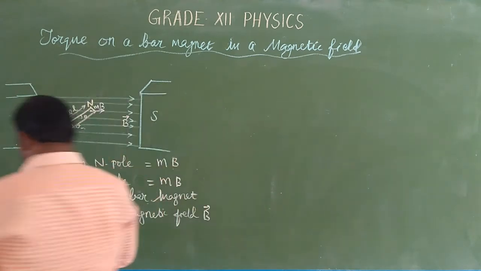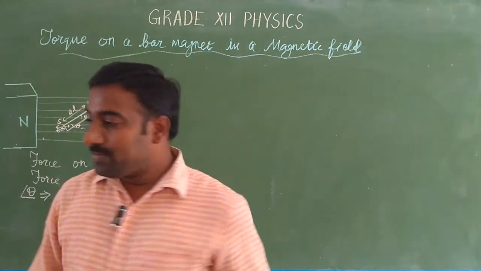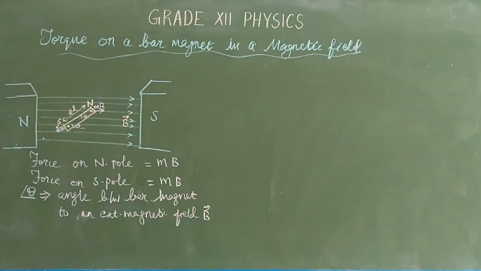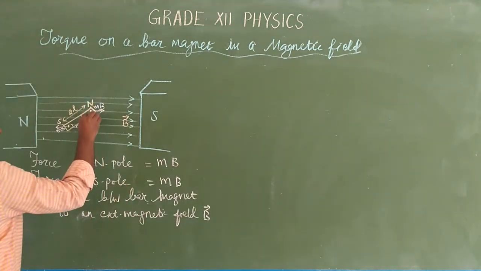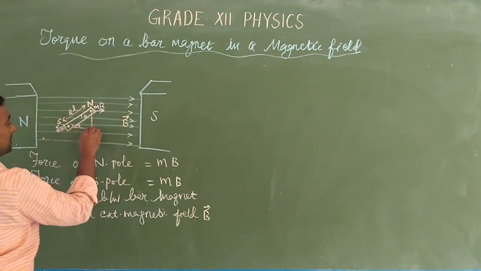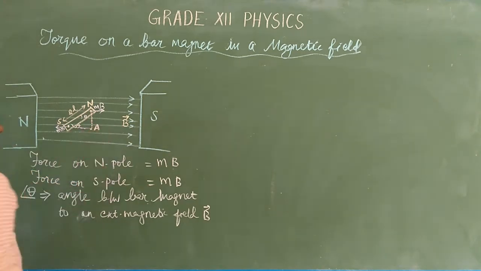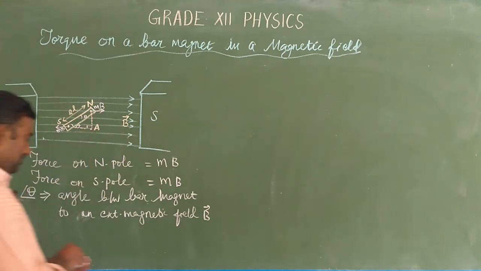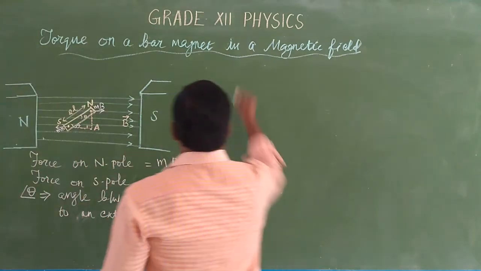Now draw a perpendicular from N to the magnetic field, meeting it at point A. So this is the right angle.